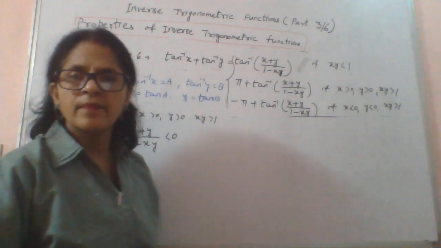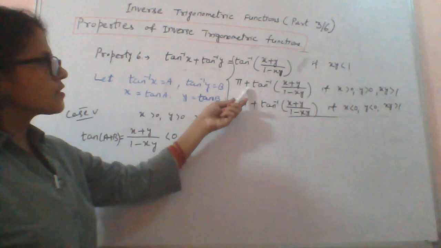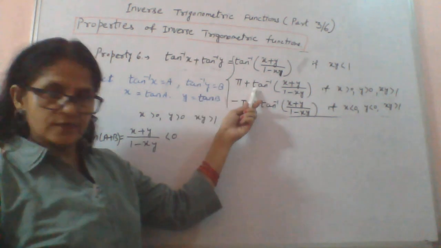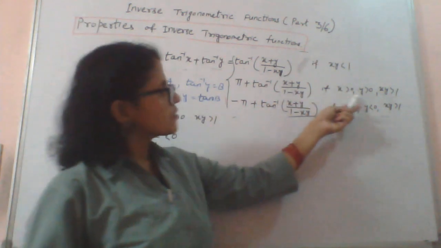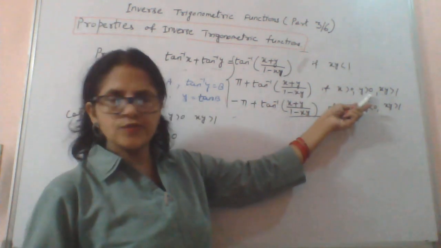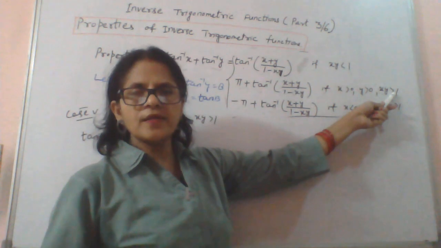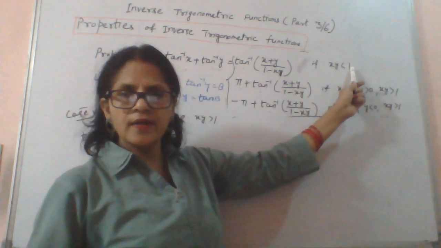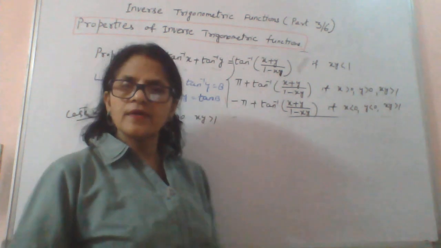Okay. So coming to the next one, tan⁻¹x + tan⁻¹y equal to this. Here we are taking x, y both greater than 0, xy greater than 1. We have taken here xy less than 1, right? Here it is xy greater than 1.